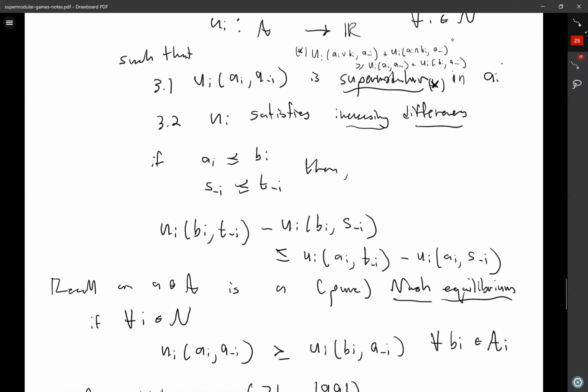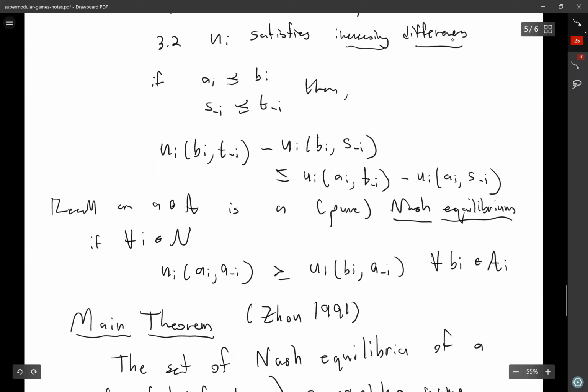Okay. But this is a little bit weaker, and in retrospect, I should have figured this out beforehand and maybe just presented this in a cleaner way by not using this property. But in this paper that I'm going off of, they use this property of increasing differences. All right, thanks. No problem.